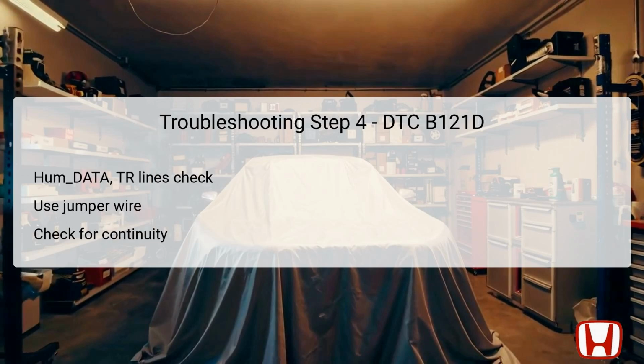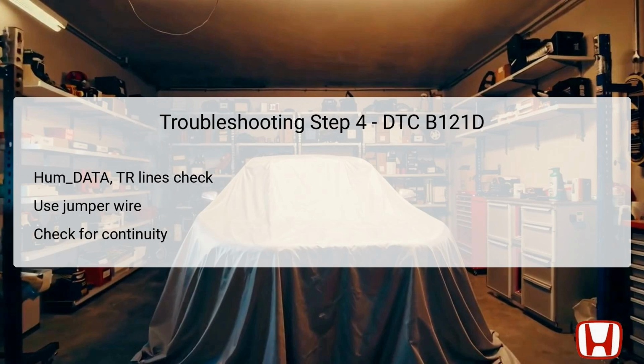In this 4th troubleshooting step, the goal is to assess the hum data and TR lines for continuity, which are essential for data communication. To initiate this process, connect terminals A and B with a jumper wire. Terminal A corresponds to the humidity in-car temperature sensor 4P connector number 2, whale, and terminal B aligns with the number 4 LT blue.